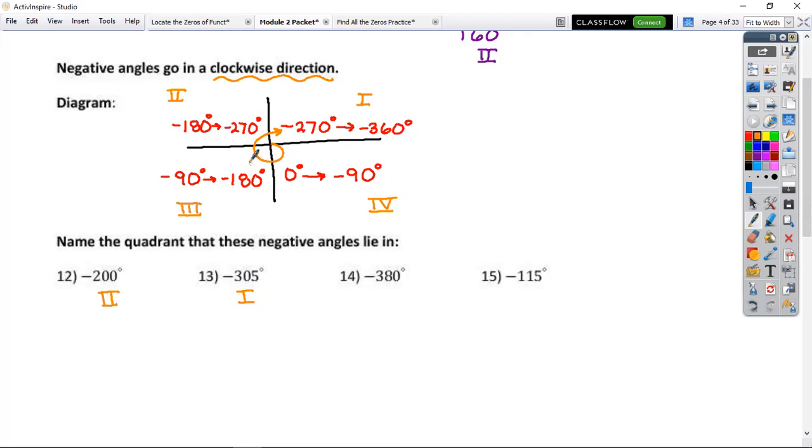So we go around all the way 360 and then 20 more places in quadrant 4. Or if you don't like that approach, you could simply add 360 to this. Either way. And then negative 115 falls in quadrant 3. Overall, does everyone feel comfortable with those?